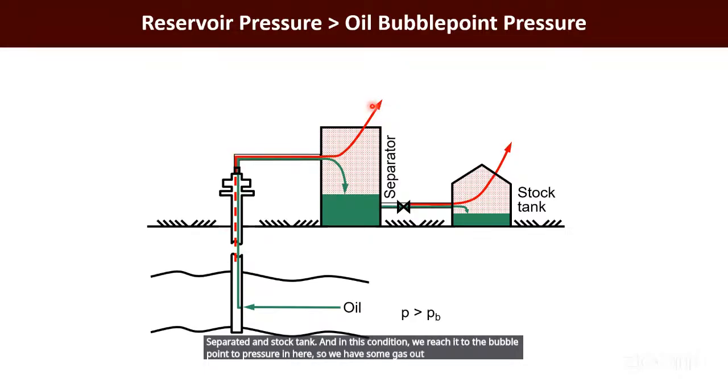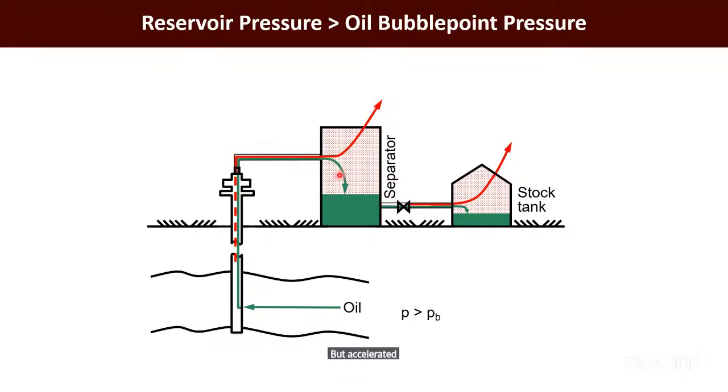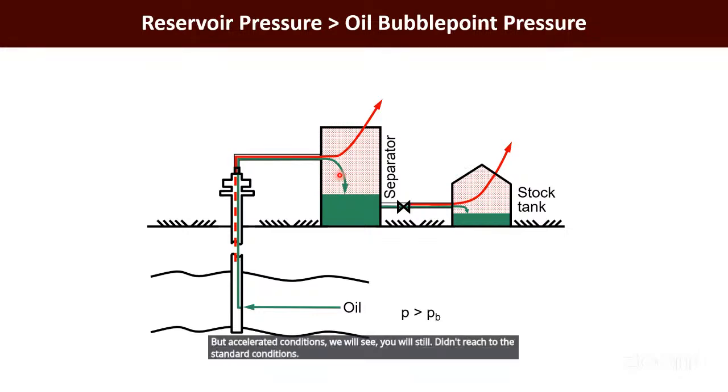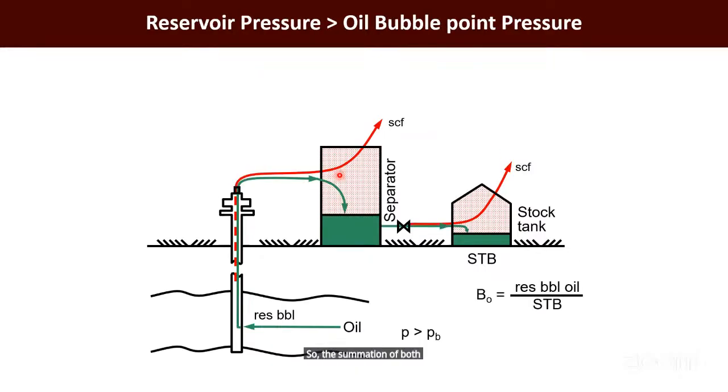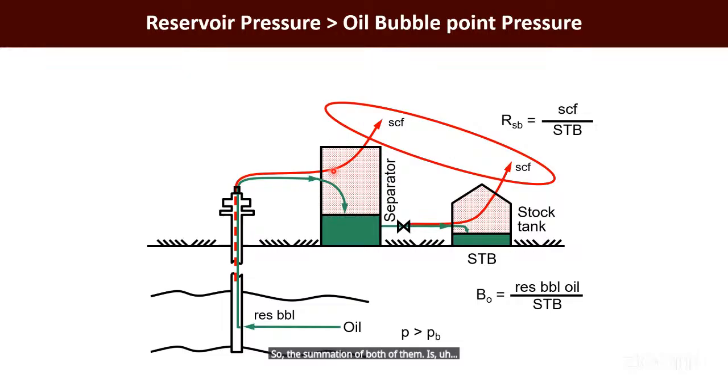But at separator conditions we still haven't reached the standard conditions, so when we move to the stock tank condition, we will have another gas separated. So the summation of both of them is the Rs.